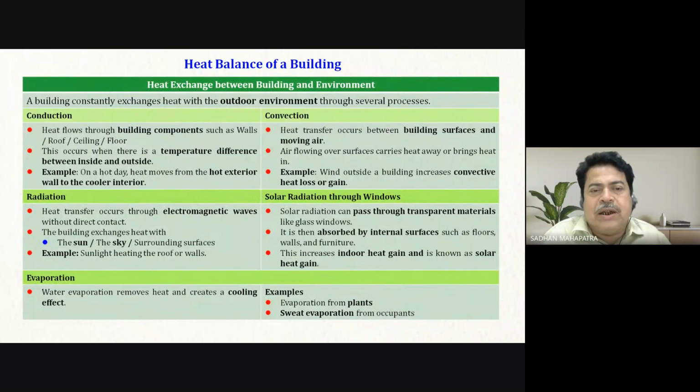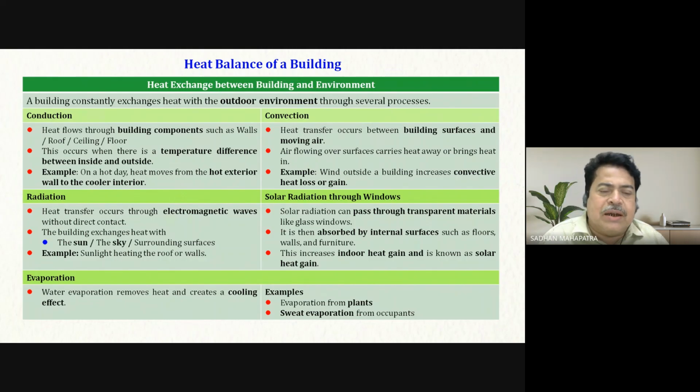Now, if you look at the heat exchange between the building and the environment, a building constantly exchanges heat with the outdoor environment through several processes. Obviously, first is conduction. Heat flows through building components such as walls, roofs, ceiling, and floor. And this occurs when there is a temperature difference between the inside and the outside.